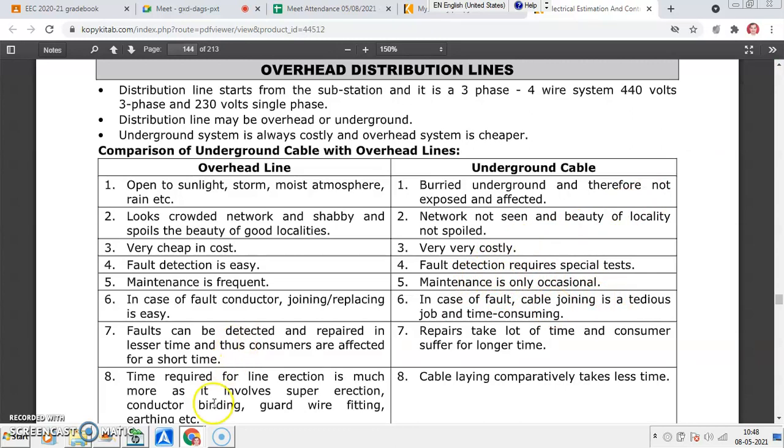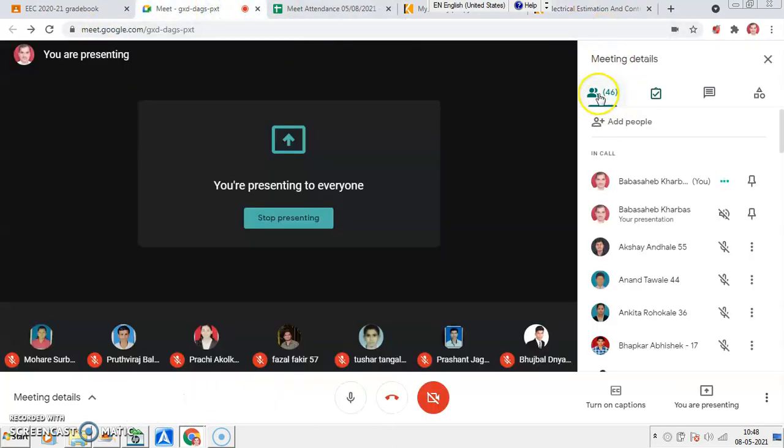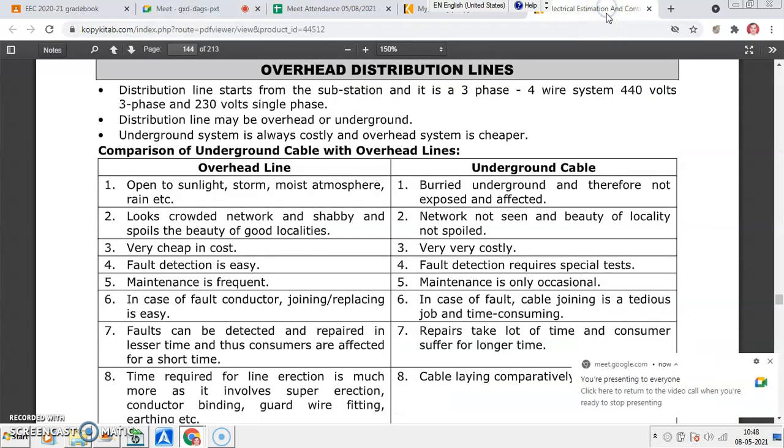In the underground system, fault detection requires special tests. There are various methods of testing the cable or fault finding in the underground system. You have to find the fault by using those methods, and those methods are costly.